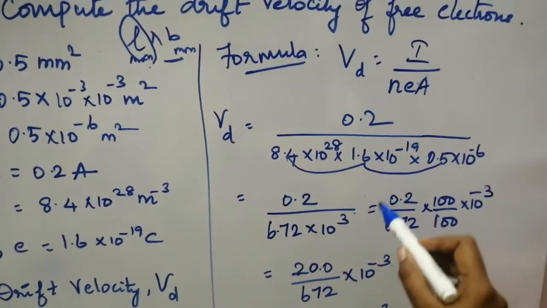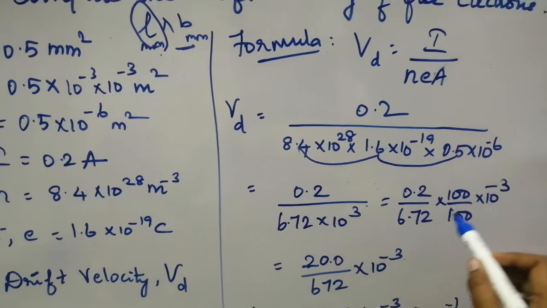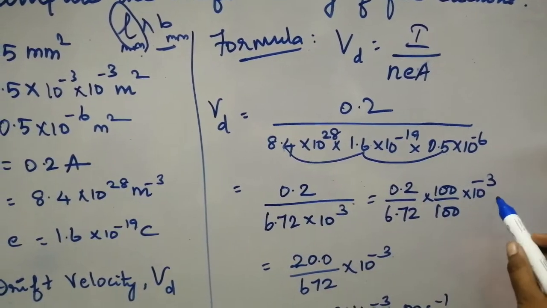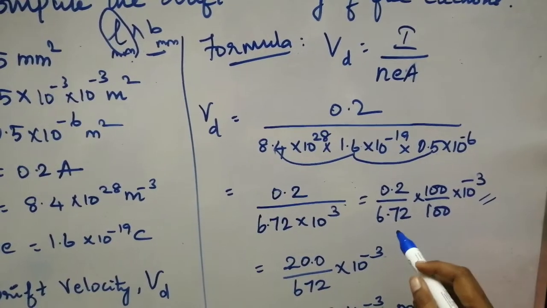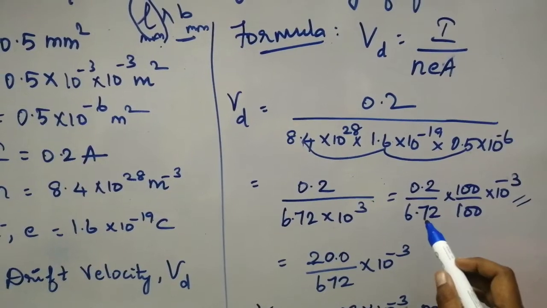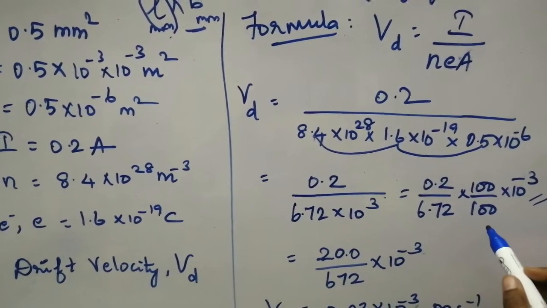Okay. So I am writing this term alone separately and bringing this 10 to the power 3 to the numerator, it becomes 10 to the power minus 3. And now I want to remove the decimal in the denominator. It is 2 digits after, so I have to multiply by 100 by 100.